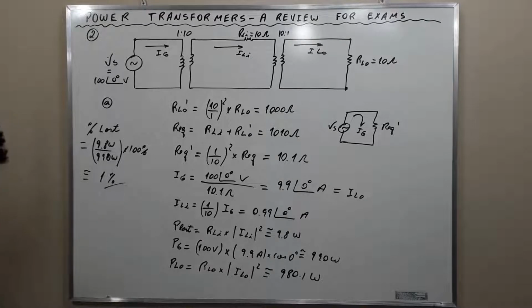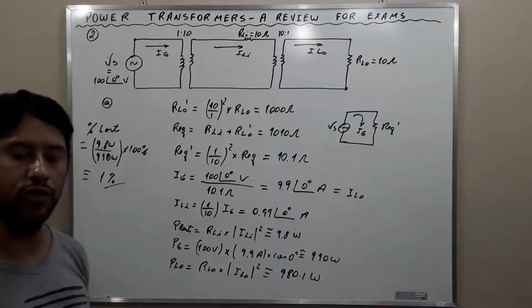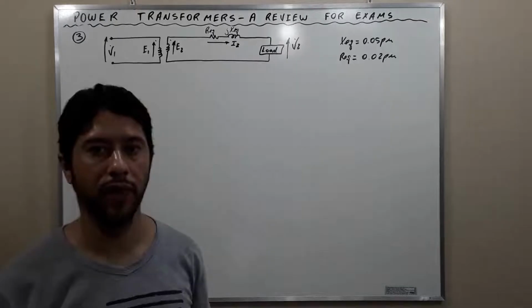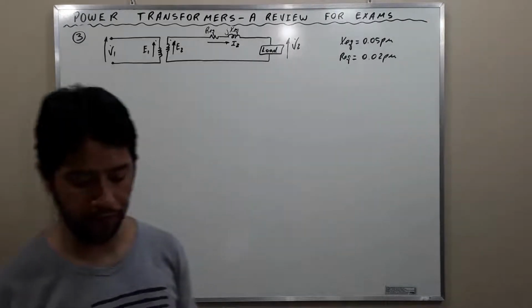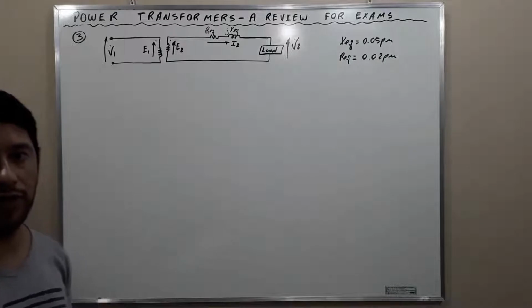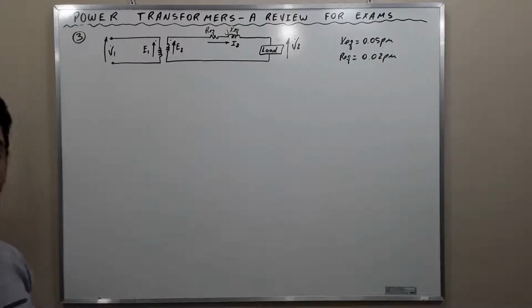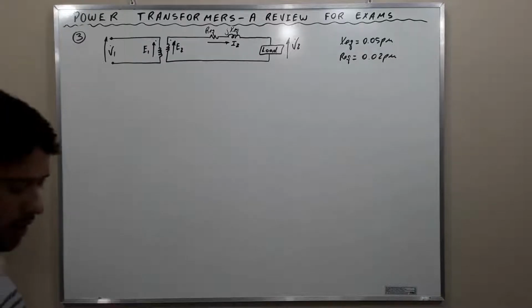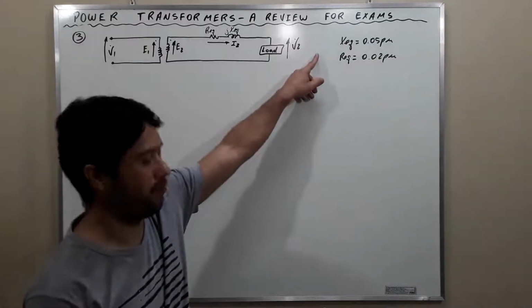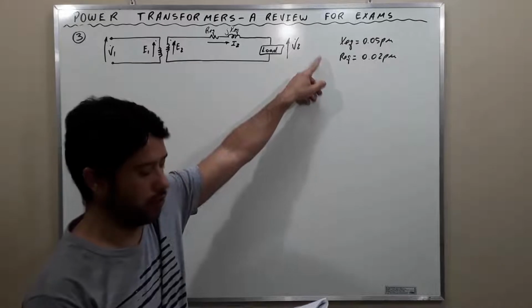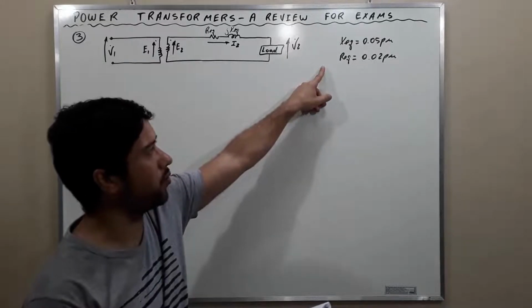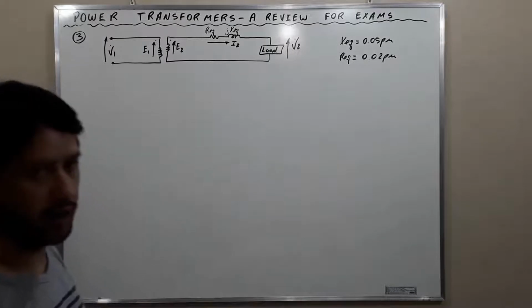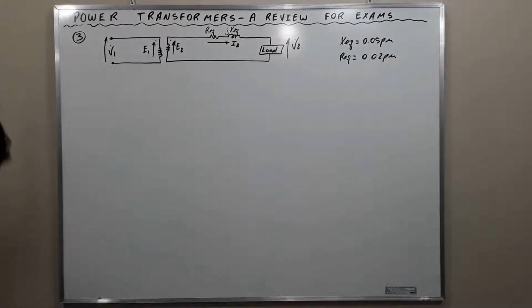Okay, now let's work with real transformers. Exercise number 3: a 6,600/440 volts, 50 Hertz single phase transformer has an equivalent reactance of 0.05 per unit and an equivalent resistance of 0.02 per unit.